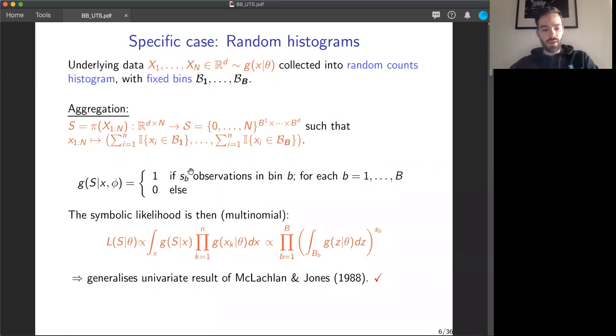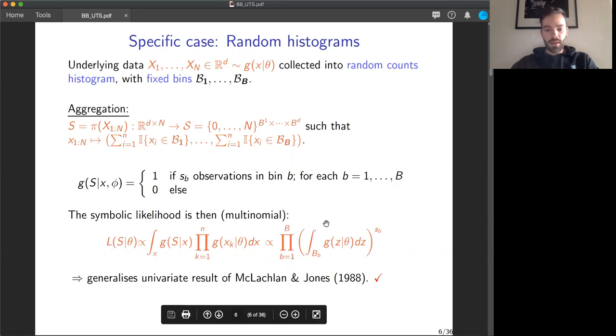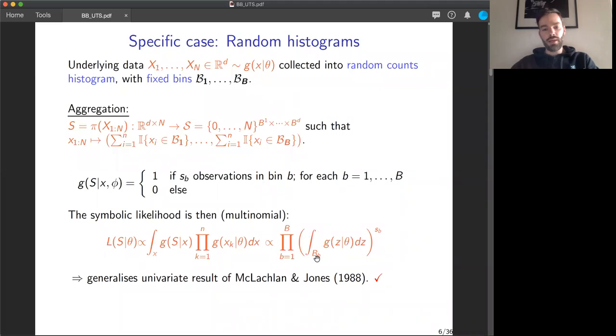And so if we do that, we get our symbolic likelihood that is going to be proportional to the product from B=1 to big B. So that's over each of the bins. And I have an integral over θ_B, which is the location of the bin. And I integrate the model that I'm interested in, so the density of the model.